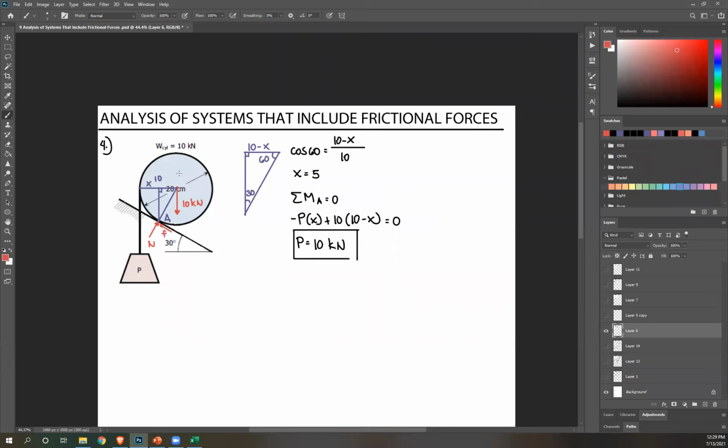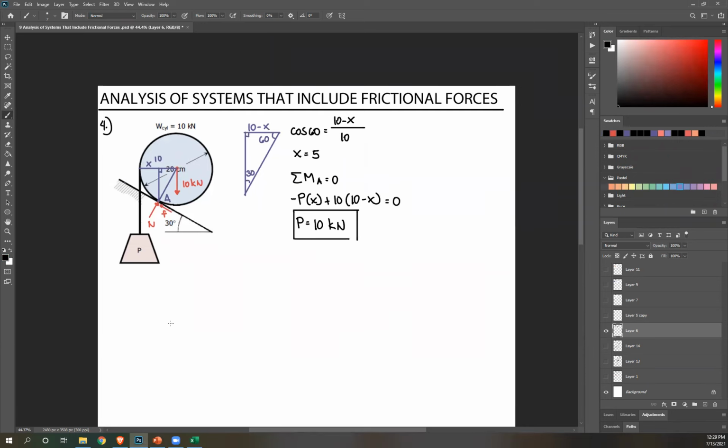And now you can use summation of moment about this point at the center, and then from that, you can solve for friction F, because N passes through the center as well. Or if you don't want to do that, you can just use your equilibrium equation, summation of forces vertical and horizontal. So let's draw. This is your center.